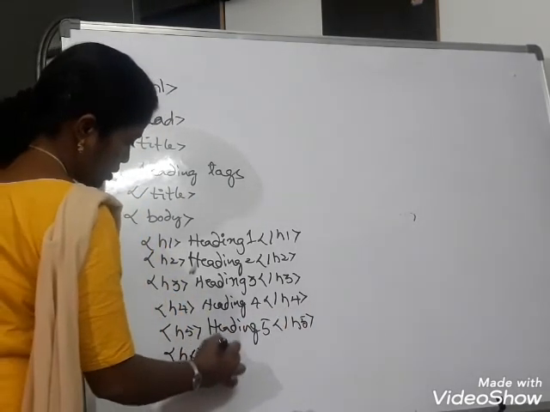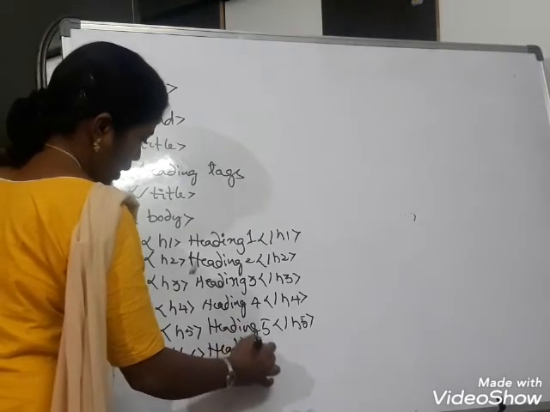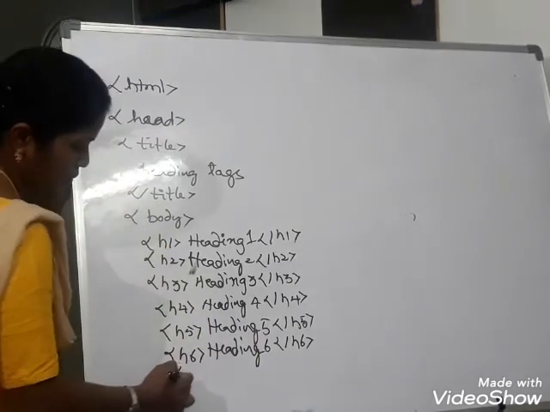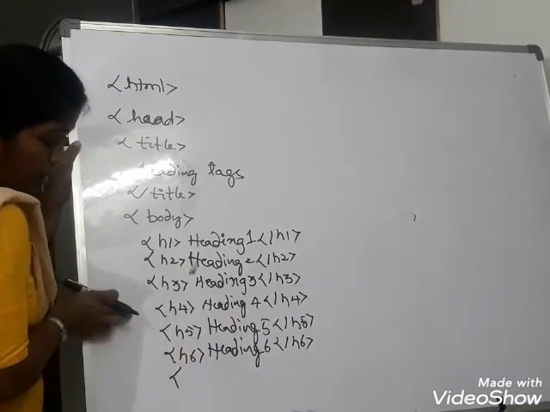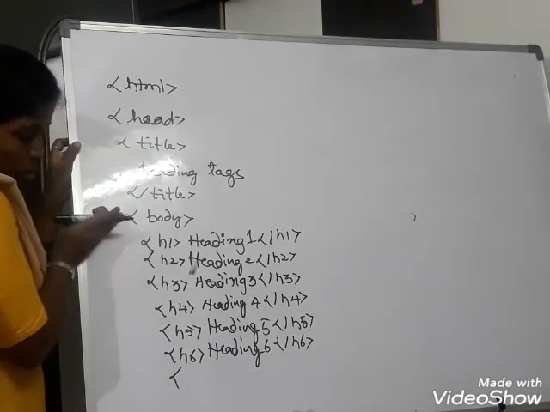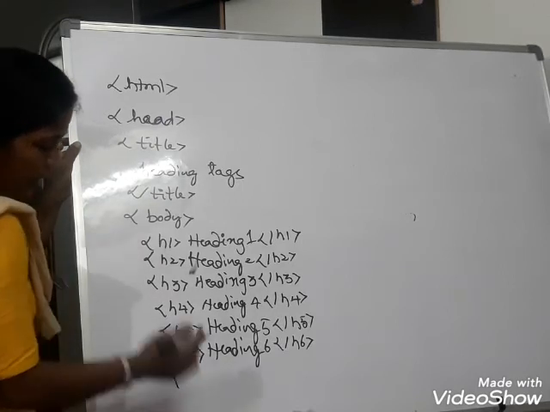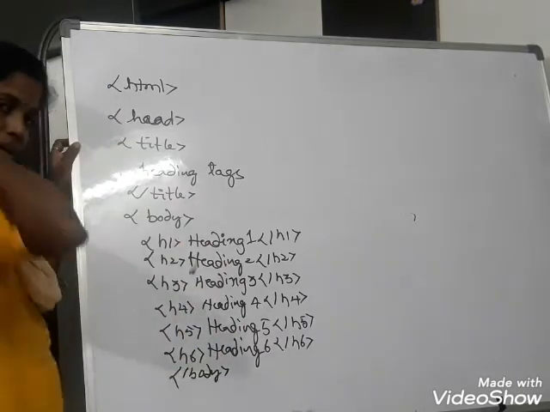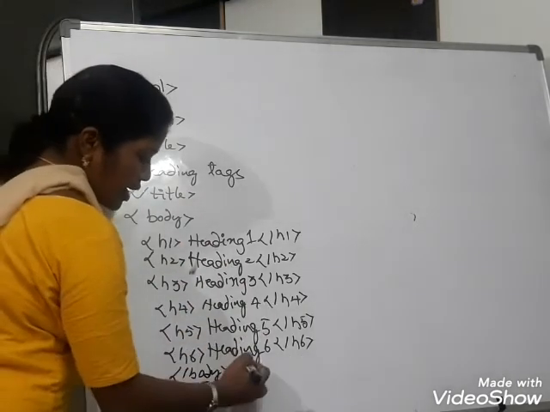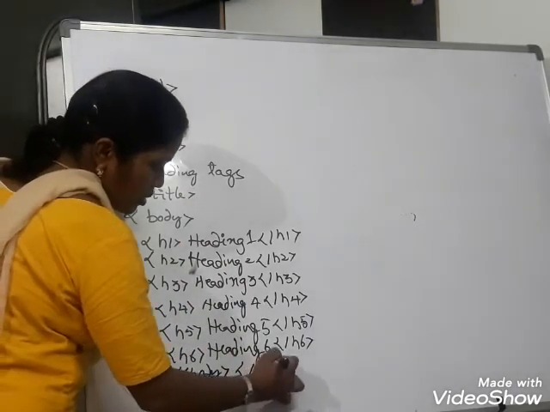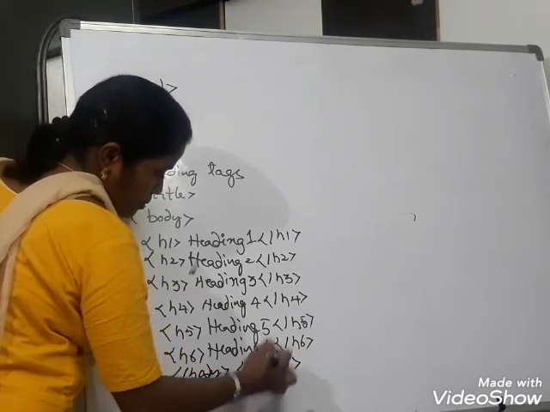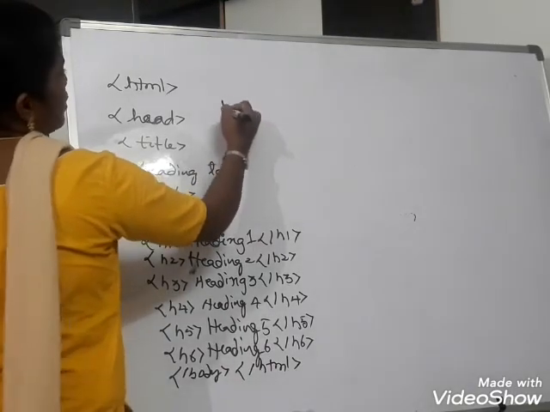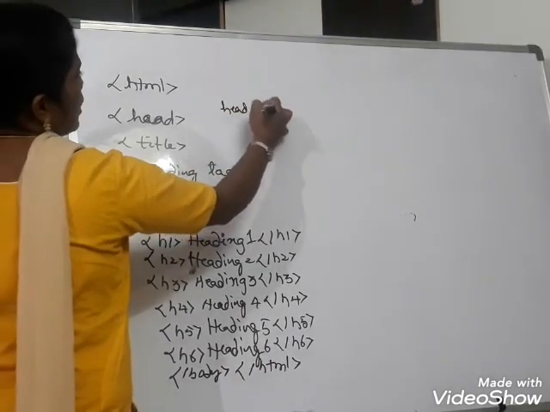H6, heading 6. Immediately what is there? It is body. So close the body. Simultaneously I can write close HTML. Right? Save this as head.html.